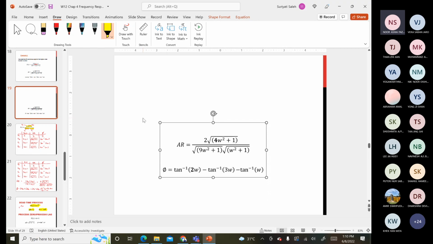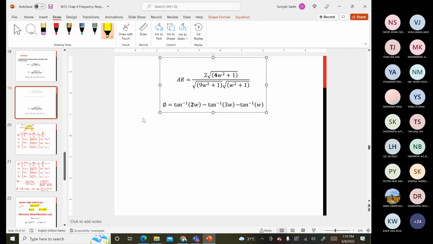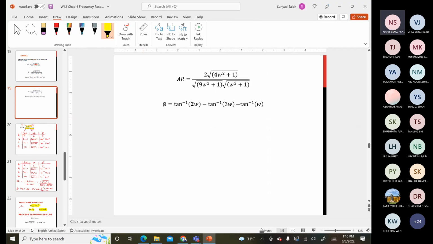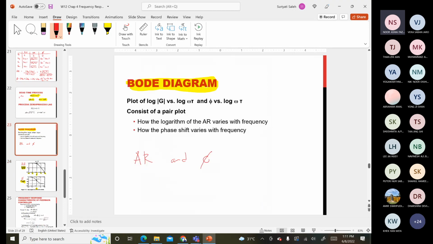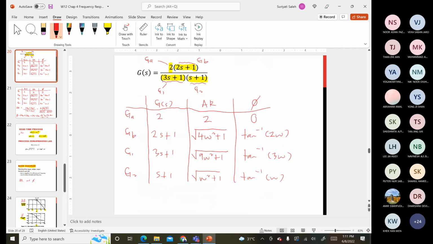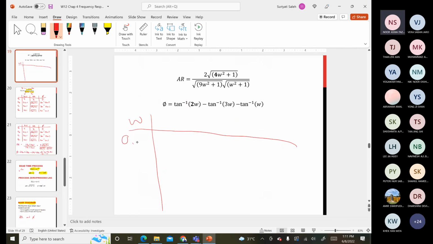In order to plot the Bode diagram, we will put the frequency inside our equation. So in this case, let's say we have W, frequency. For example, based on this graph, it starts from 0.01 to 100: 0.01, 0.1, 1, 10, 100.